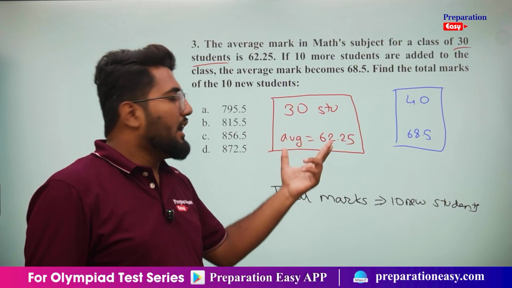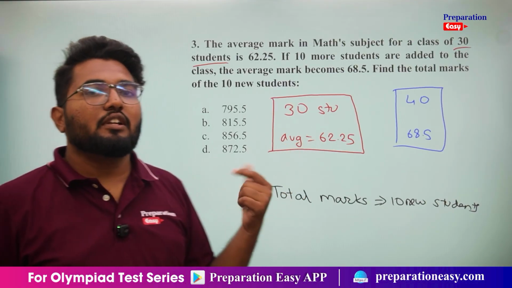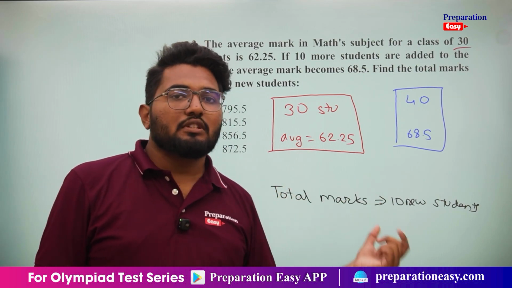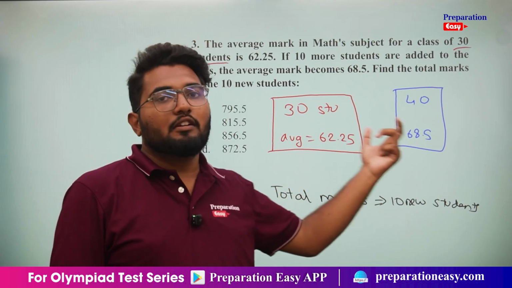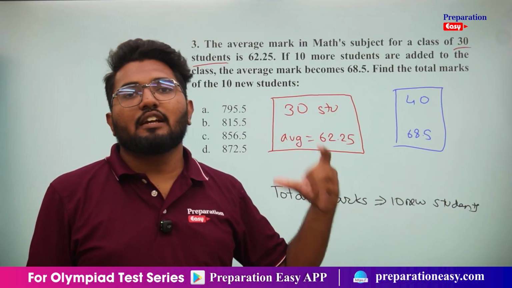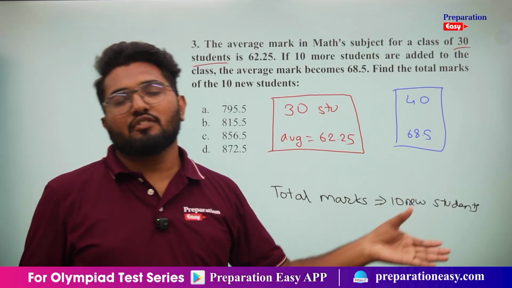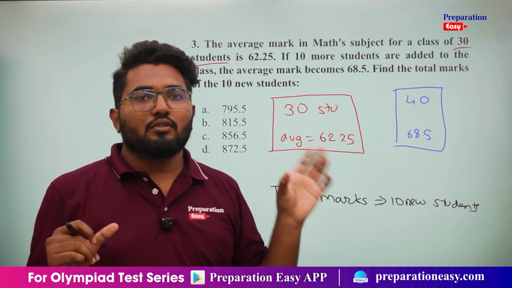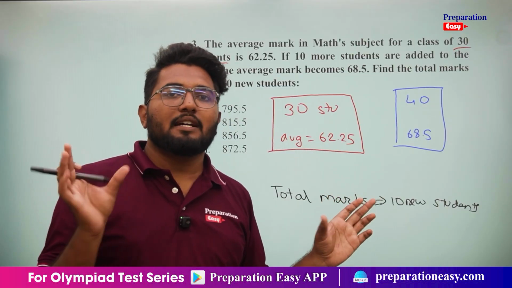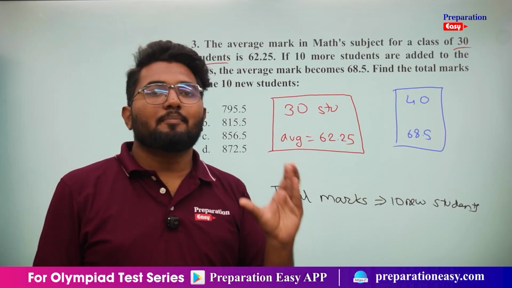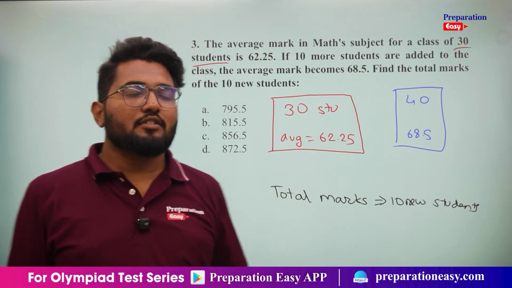We are given the average of 30 students, so we can calculate marks of total 30 students. Then we are given the average of 40 students, so we can also calculate marks of 40 students. Then we will subtract: marks of 40 students minus marks of 30 students. It will give the marks of the 10 newly added students.